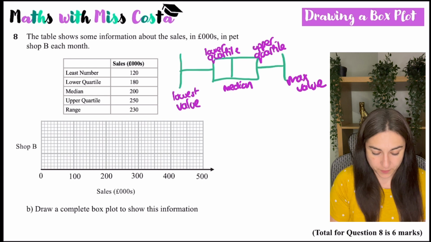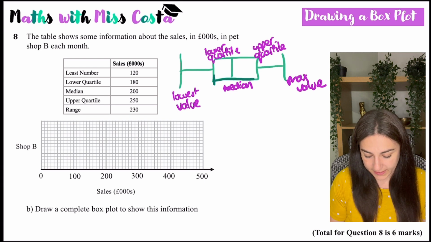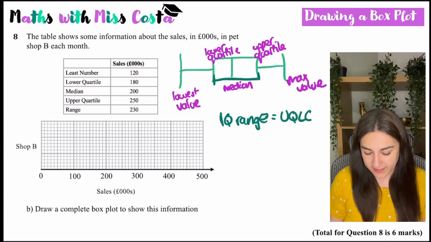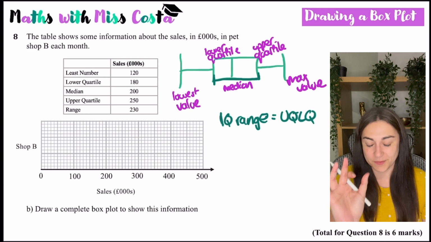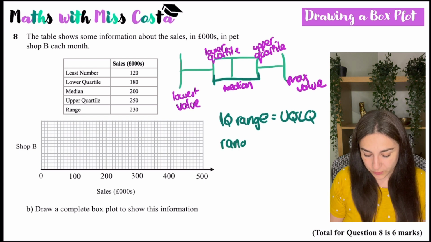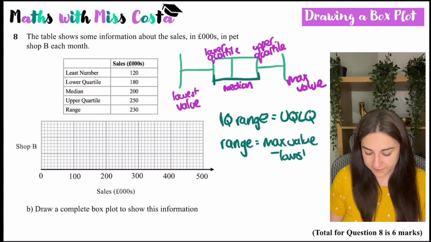And this middle piece of data over here, the interquartile range, is the upper quartile take away the lower quartile, and it tells you the middle 50% of the data, and your total range is going to be your max value take away your lowest value.